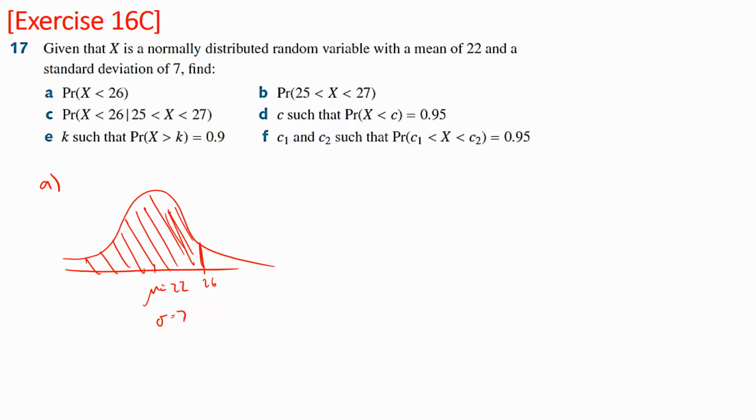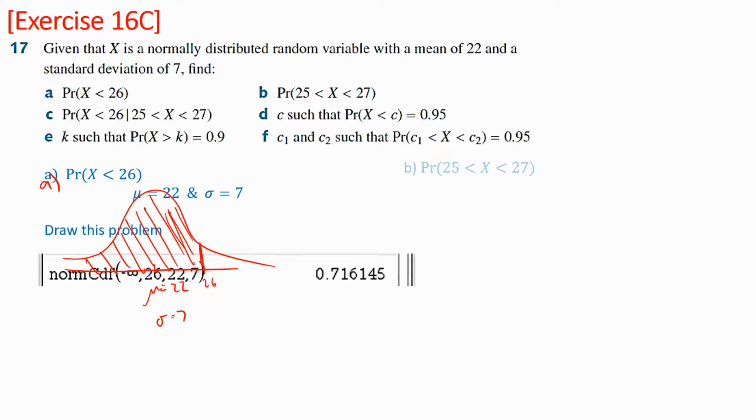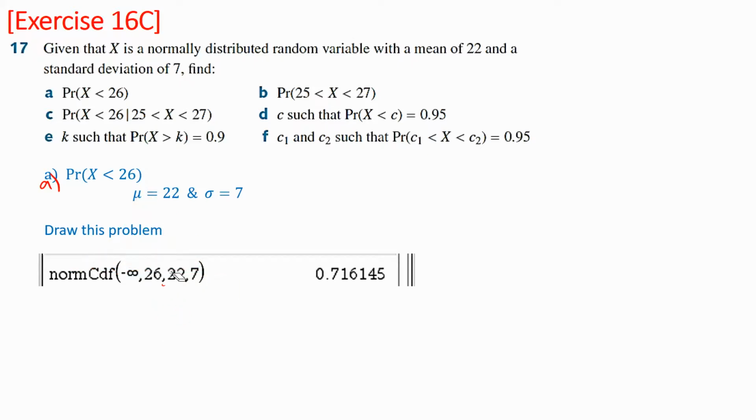Wait, let me just rub this off so you can see. See, the difference between what I used to do and what you guys are doing now, that's what you have to do. You just type in normal CDF, cumulative. You're adding all the probabilities up until you get to what you want. So negative infinity is starting on the left-hand side, going all the way up to 26 is what I would want. What's my mean? 22.